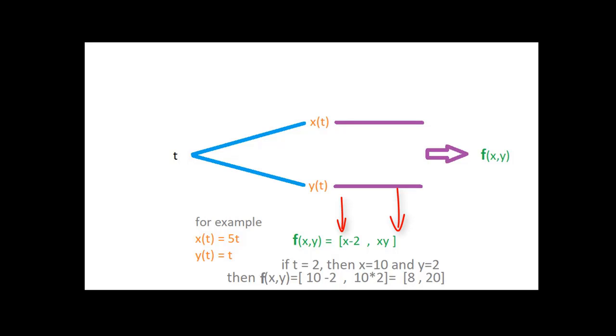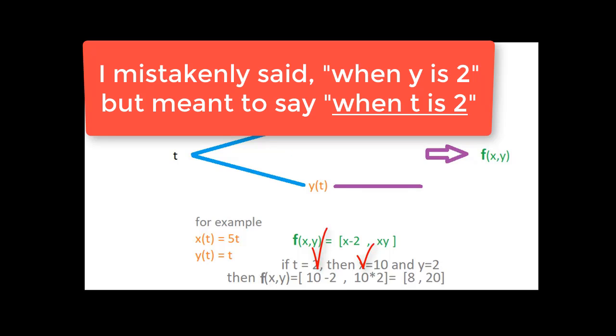We calculate it from the x and the y after we've calculated what x and y are from the t value. So we calculate what x and y were here, then we put those in here and here, and we get 8, 20 out. So when t is 2, we get out this vector 8, 20.